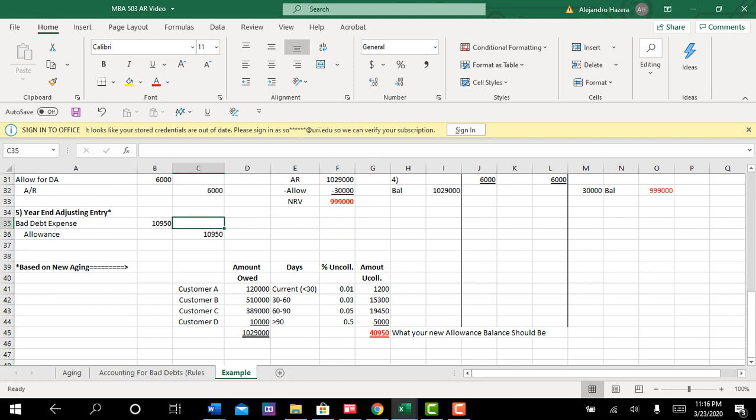Okay, so here's what the adjusting entry is. The adjusting entry is equal to G45, which is that number right there. That's what our allowance balance should be, less, go back here. Well, actually, I think we can actually point to these things.